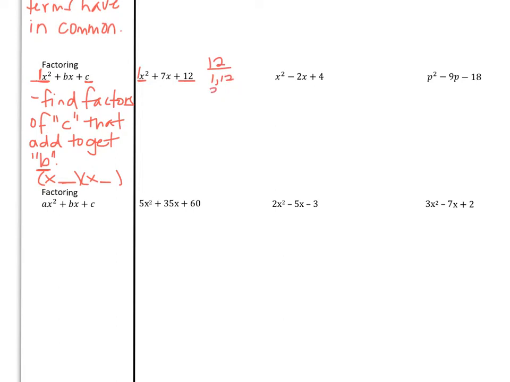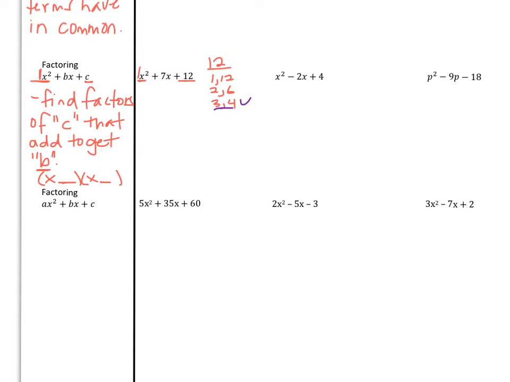We could do 2 times 6, or we could do 3 times 4. All 3 pairs are factors of 12. And then it says add to get b in the middle. So out of those 3 pairs, is there a pair that would add to get 7 in the middle? Well, if you think to yourself, 3 and 4 add to get 7, you'd be right. That's the pair that works for both.